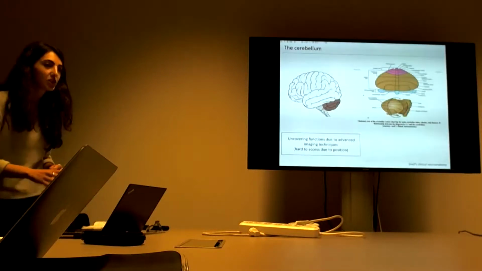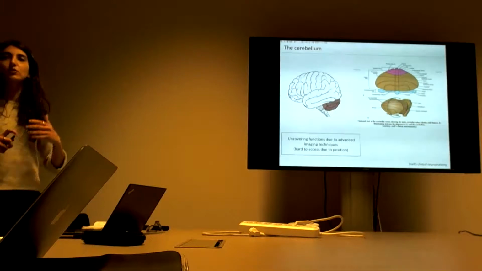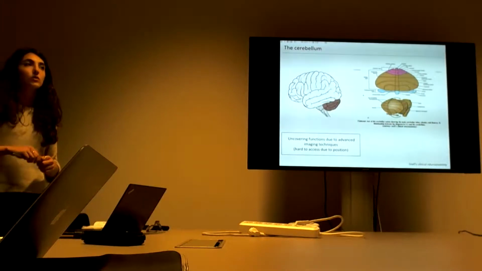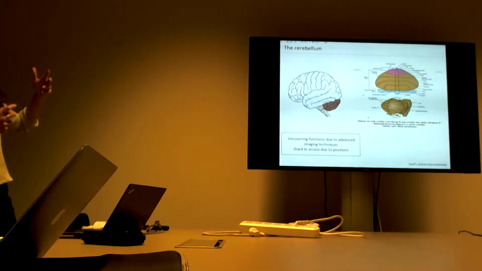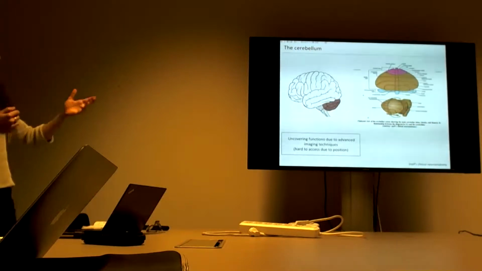So to start with pathologies, I want to start with the cerebellar, to include cerebellar ataxia. The cerebellum is a part of the brain.